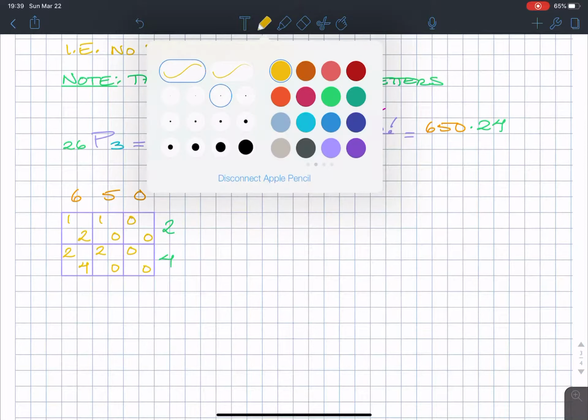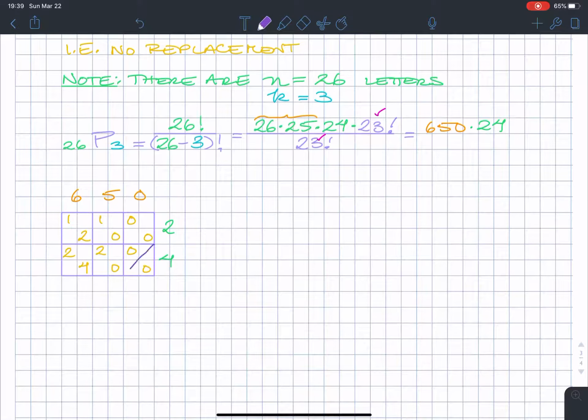Now what I want to do is create diagonals. Mind you, I know you've got a calculator, but it's good to know these little tricks. I'm going to take the sum starting on the right. The rightmost diagonal sums to 0. The next diagonal sums to 0. 4 plus 2 is 6. 2 plus 2 plus 1 is 5.